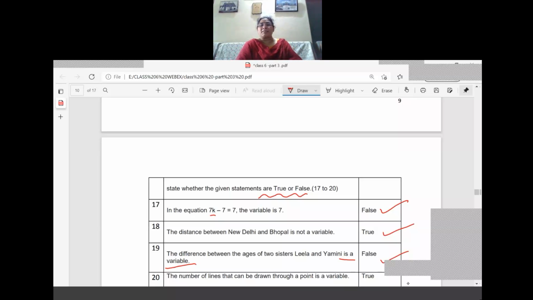The number of lines that can be drawn through a point is a variable. Variable means again, because here why the statement came: if a point is taken, we can draw many lines.